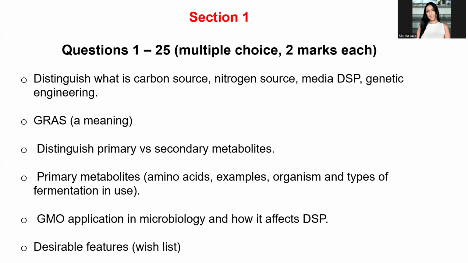We talked about primary metabolites like amino acids, so know amino acid examples, which organisms are used to produce them, and the types of fermentation that we use to produce them. And again, how GMO application is reflected in applied microbiology and how it affects DSP. And know very well the desirable features, like a wish list of important features.